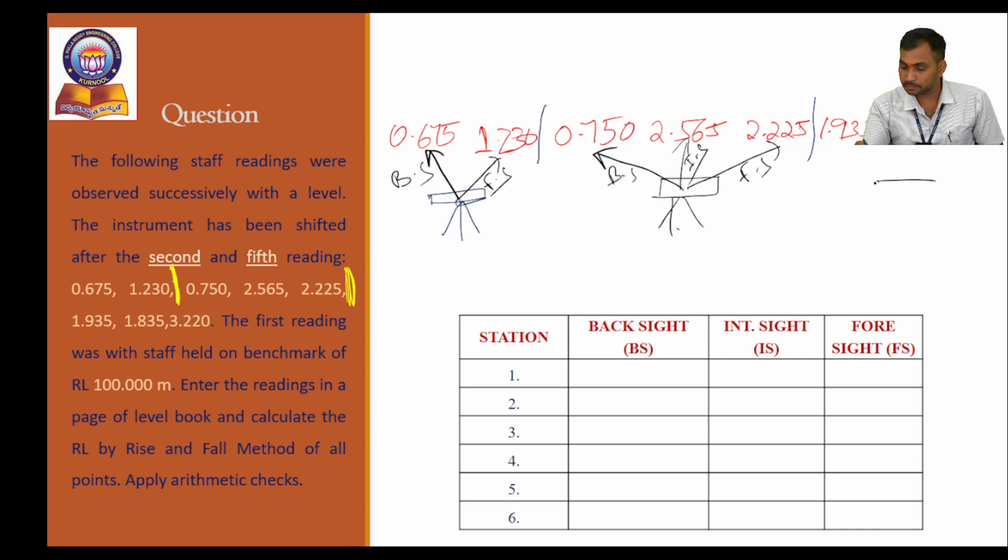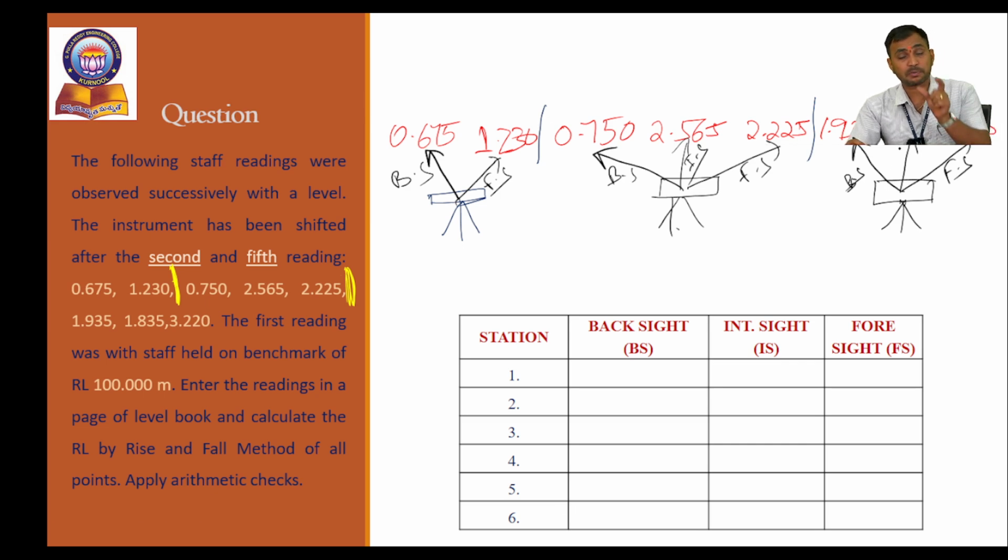Next, after the fifth reading, the instrument was shifted to some other place. Again I focus on 1.935, the backsight value, and 3.220, the foresight value, and 1.835, which is in the middle, so that is the intermediate sight value.